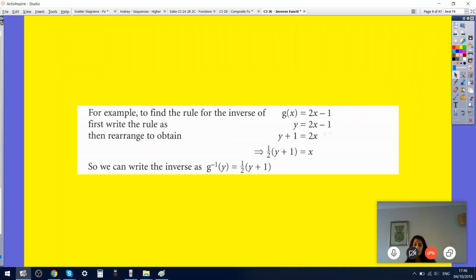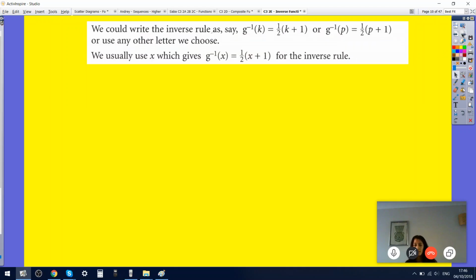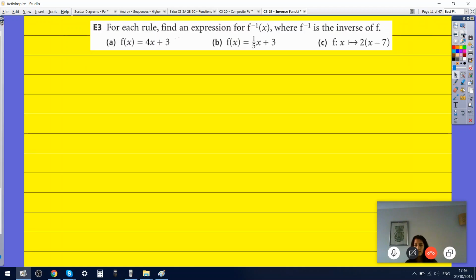I think we'll just jump into it and figure it out. For all of these, you can see f of x and, down at the end, f such that x maps onto. It's pretty much the same as f of x equals, and you can treat it the same way.